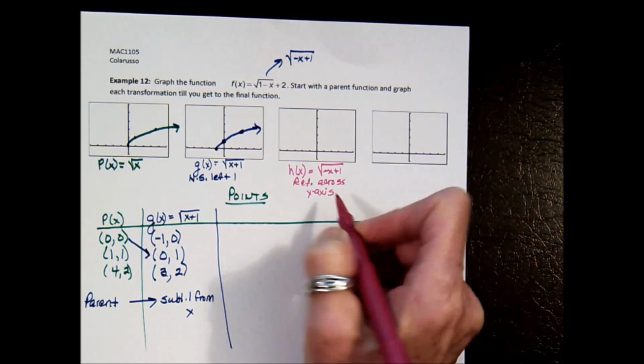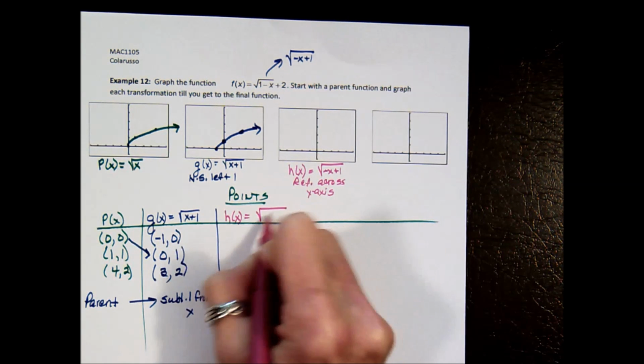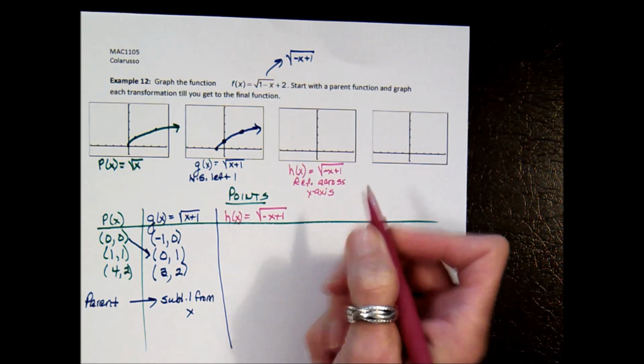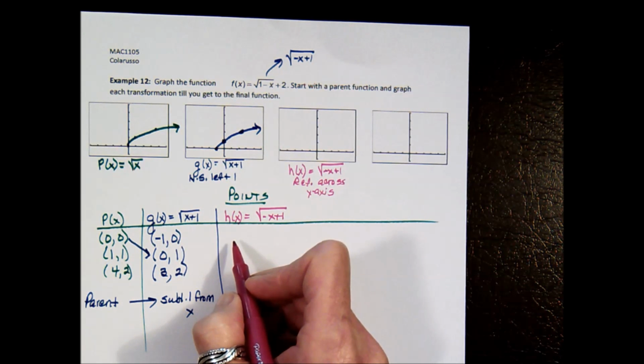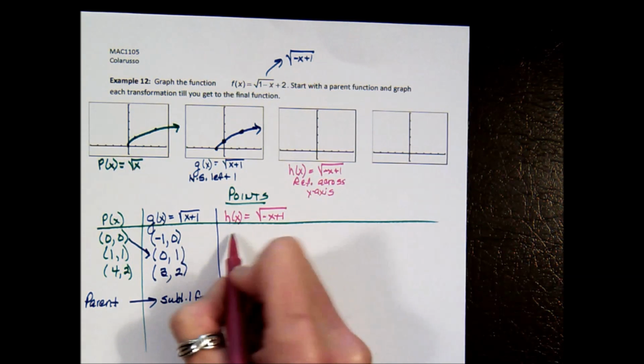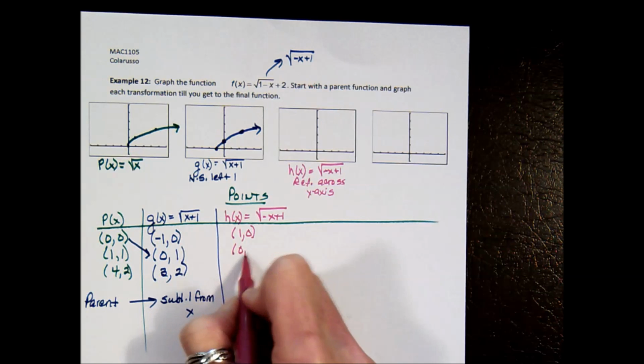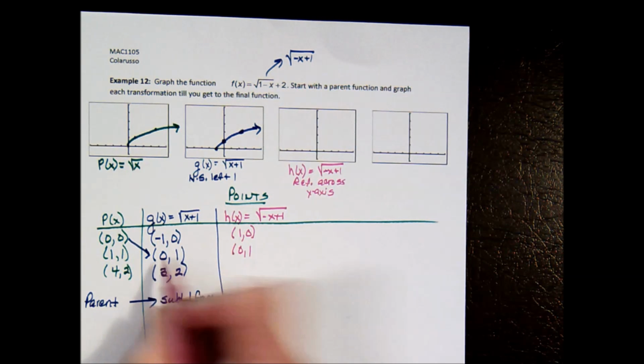So h of x is equal to square root of negative x plus 1. So whatever my x is, it's going to become the opposite of that. So that gives me the point (1, 0). It gives me (0, 1), because the opposite of 0 is still 0. It gives me (negative 3, 2).